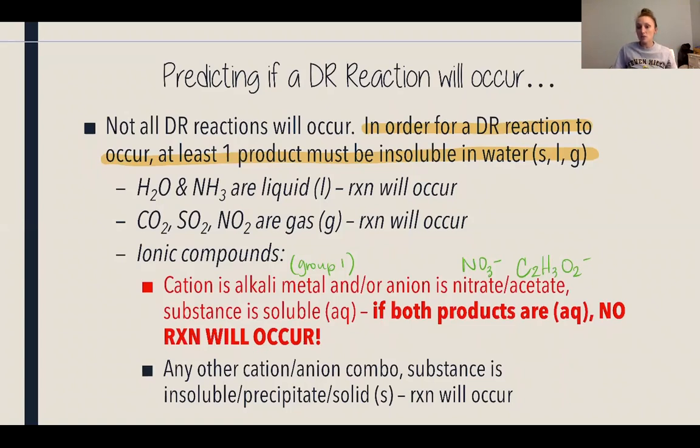If any of those things are true, then your substance is soluble. In other words, it gets a little AQ behind it. If you have any other combination of cation and anion, your substance is insoluble, a precipitate, a solid. So it would get an S behind it.